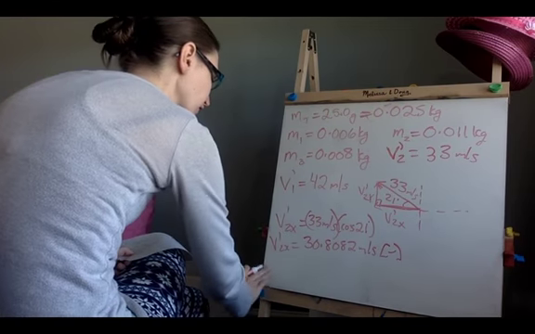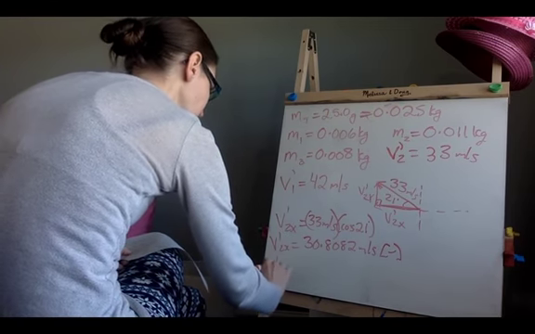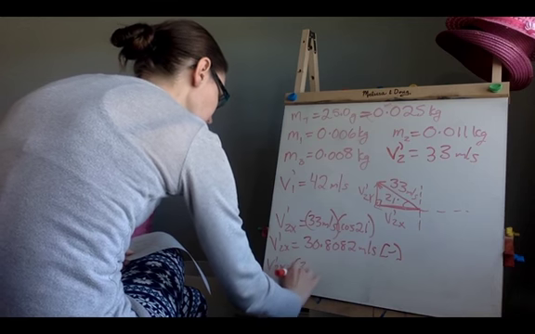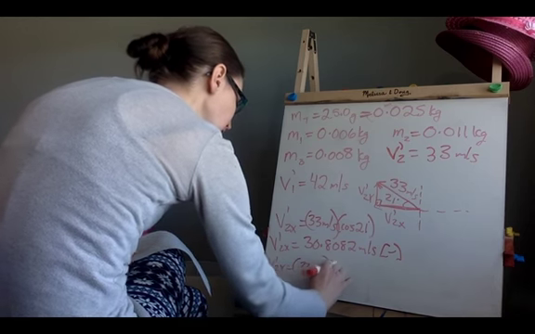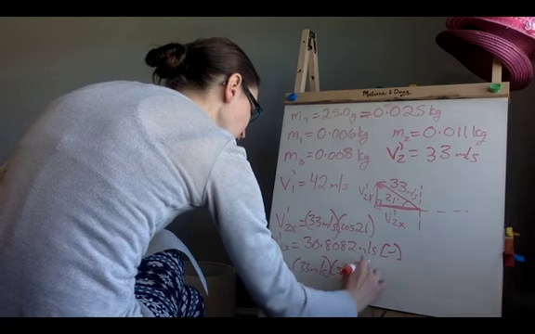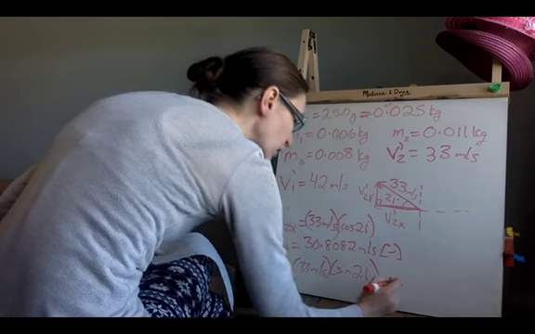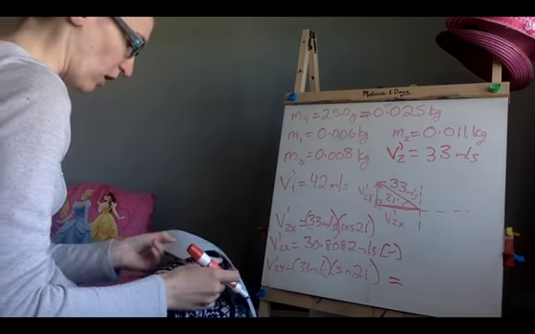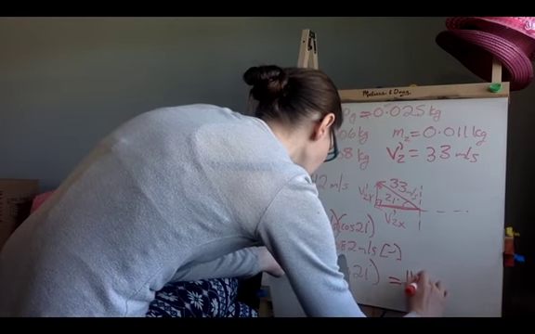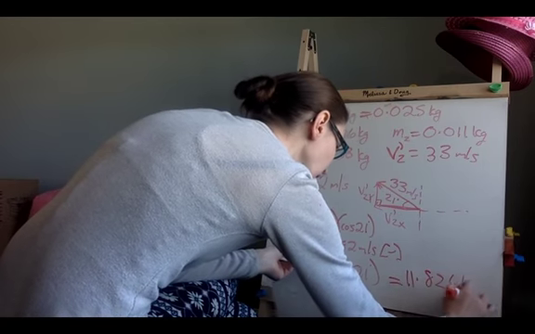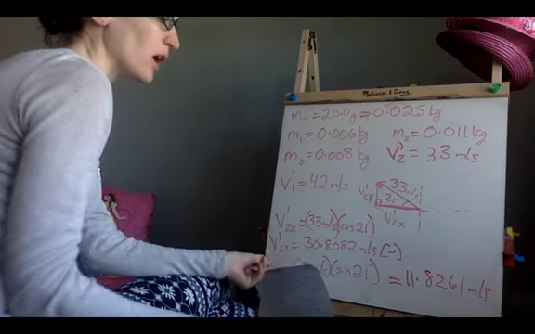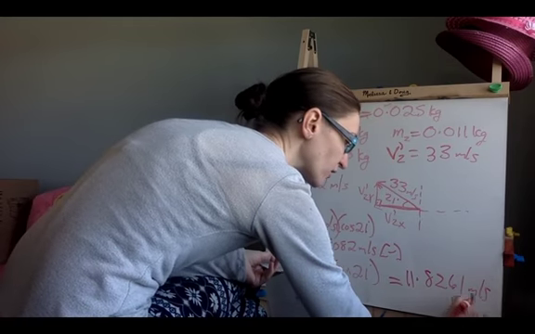And then for the y, that's going to be 33 meters per second times the sine of 21 degrees, which will then equal a value of 11.8261 meters per second, and that's still moving up, so we'll assign that as a positive value.